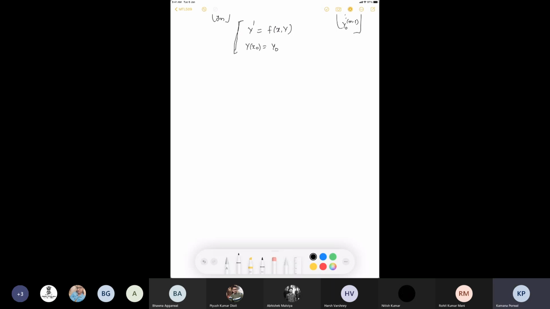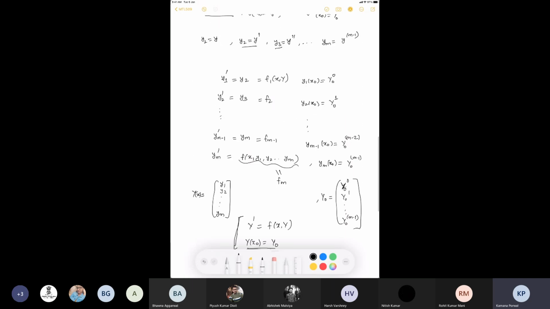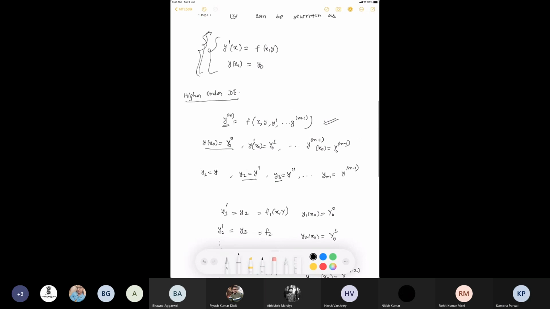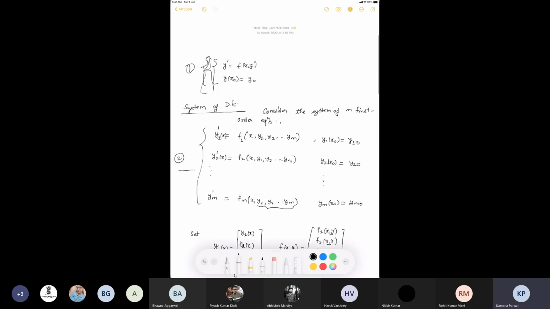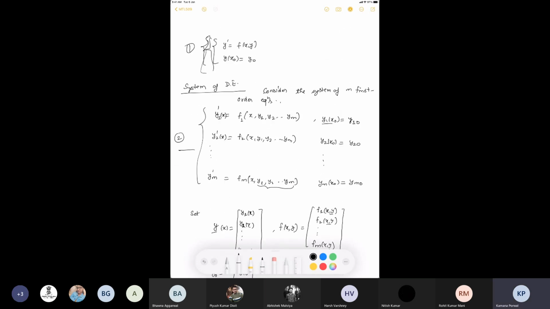So what is the difference between initial value problem and the boundary value problems? You can see in the initial conditions, the data is prescribed only at the initial point, or at one point, right? Even in the system, each of the variables is prescribed at the initial point, which is x naught.